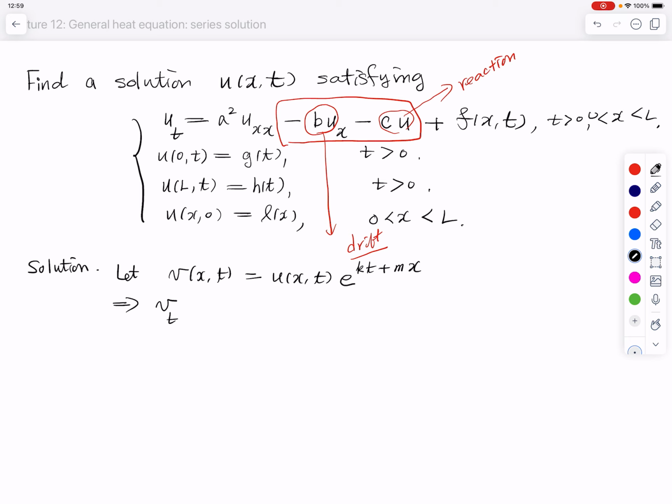What do I get? u_t times e^(kt+mx), plus u times the derivative of the exponential, which is k u e^(kt+mx). So that is (u_t + k u) e^(kt+mx).